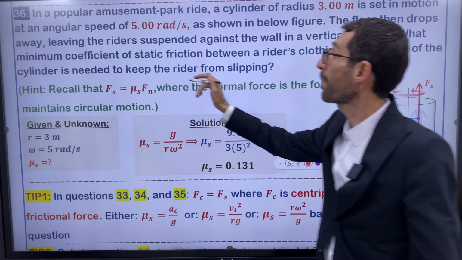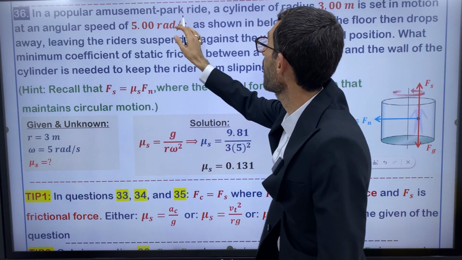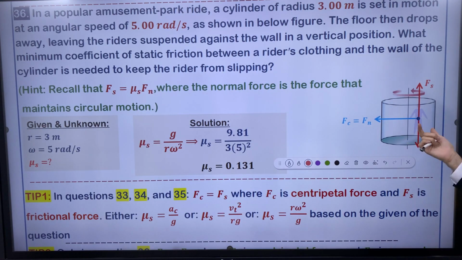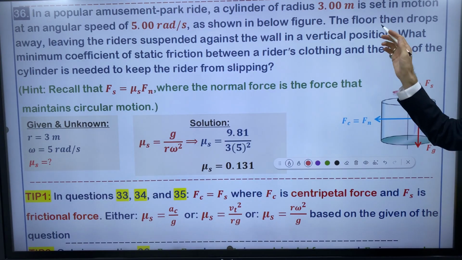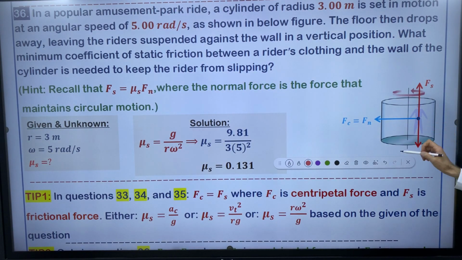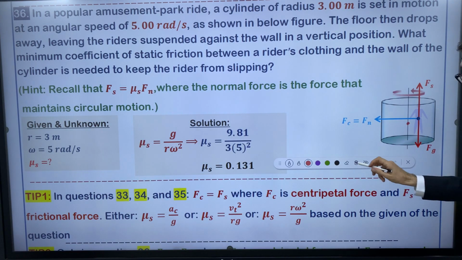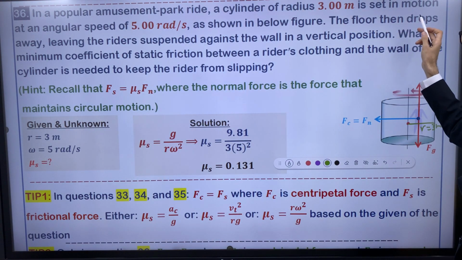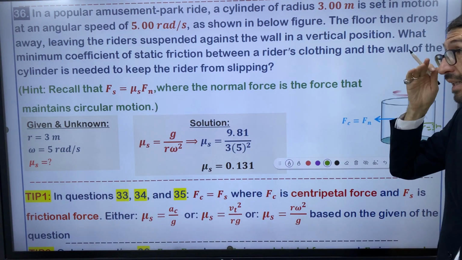It says, in a popular amusement park ride, a cylinder of radius 3 meters. So the radius of the cylinder is how many meters? 3 meters. This is the radius, r is equal to 3 meters. It's set in motion.